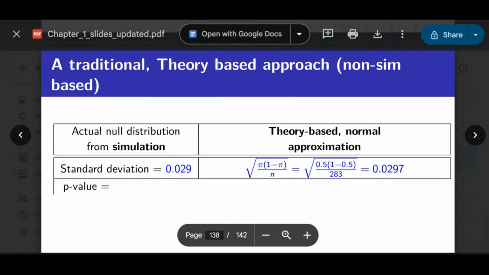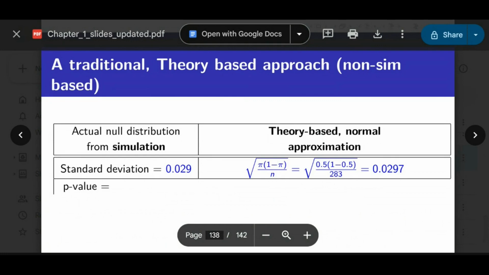So someone wanted to know, if you offer children a toy or candy, which would they choose? Toy in one hand, candy in another hand. So you want to know what the child will choose. And if there's no preference, in the long run, there'll be a 50-50 split once again. So this is another 50-50 example. That's why pi here is 0.5. This is a Halloween example, and they look at 283 children.